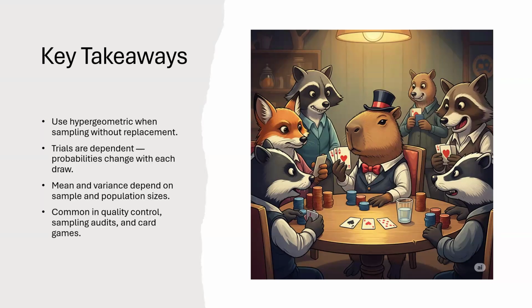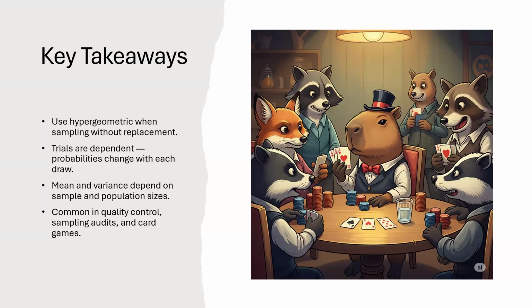So to summarize, use the hypergeometric distribution when sampling without replacement from a finite population. It's great for real-world scenarios like quality control, card games, and audits. The probability of success changes on each draw. That's what distinguishes it from binomial.